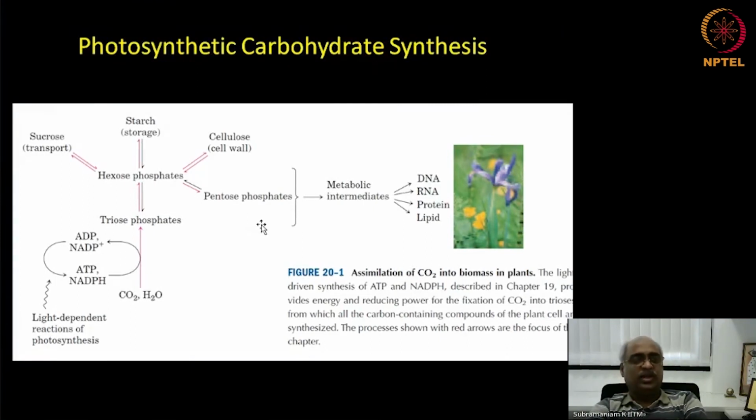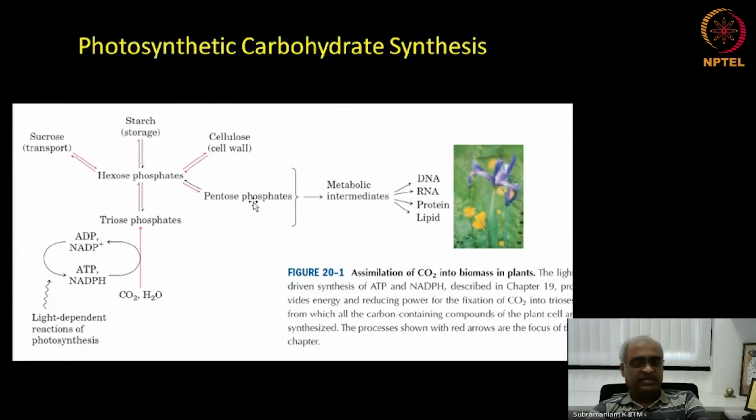We are not going to go into it. I am briefly telling you its essential function. That pathway produces pentose sugars from the hexose sugars, and the pentose sugars are required for nucleic acid production, and other intermediates for protein as well as lipid biosynthesis.